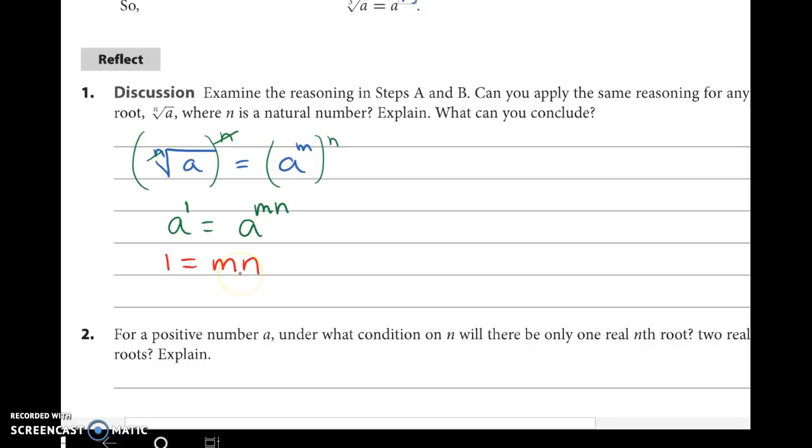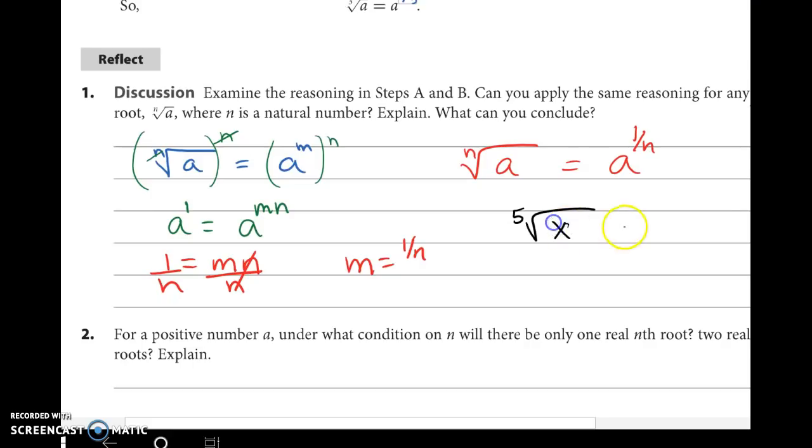I'm solving for m, so I divide by n, and I get that m equals 1 over n. So that's saying any nth root can be written as a to the 1/n. Let me make that a little bit neater. So any number here, let's say it's a 5. So the 5th root of x is x to the 1/5 power.